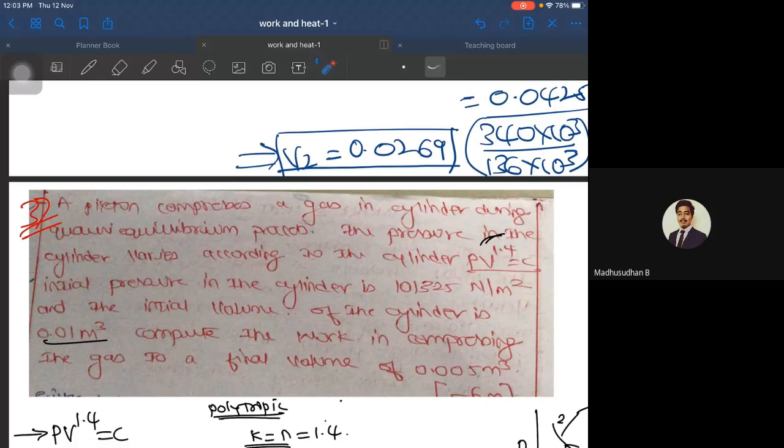Compute the work done on the gas if the final volume is this much. This has been asked for 6 marks. I expect a state table, a PV diagram, and to name the process. I give you 3 odd minutes. Once you have done, you can just call me by switching on your mic.